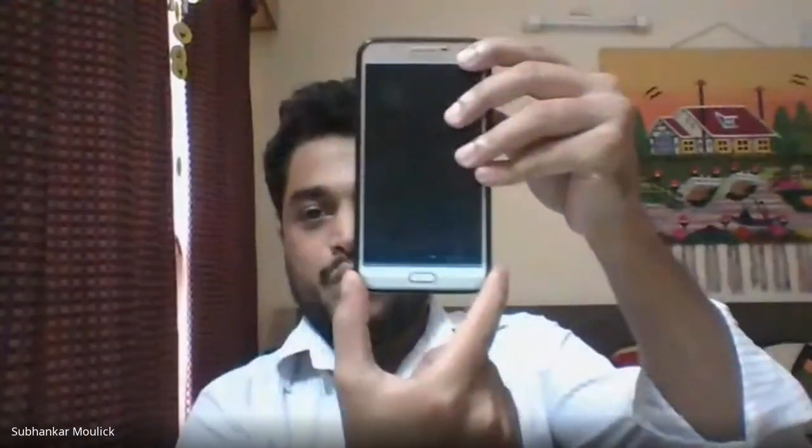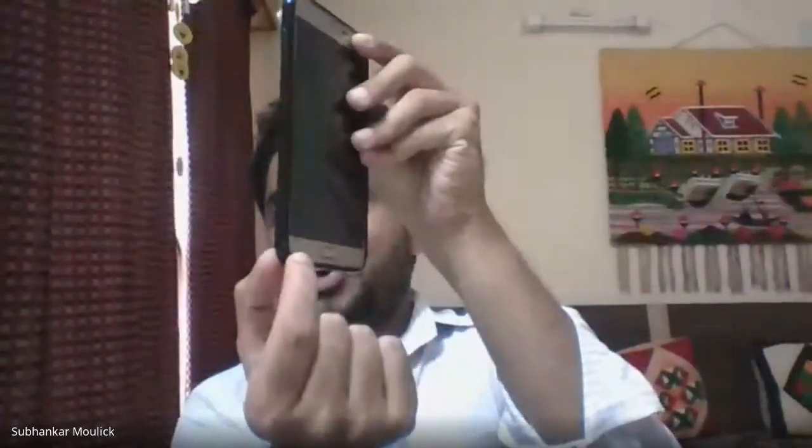That means I can call any object a 3D object if it has length, width, and thickness. You can see in this mobile, this is your length, this is your width, and this small portion is your thickness.